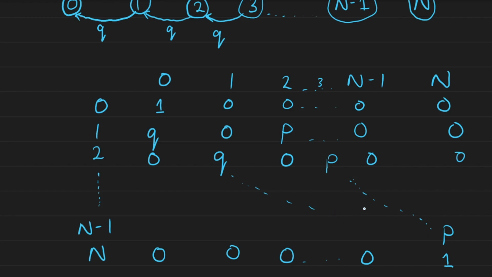Sorry, from n minus 1 to n minus 2. So we can write q here somewhere. The rest would be zeros everywhere else. So this is how we would set up our transition matrix.